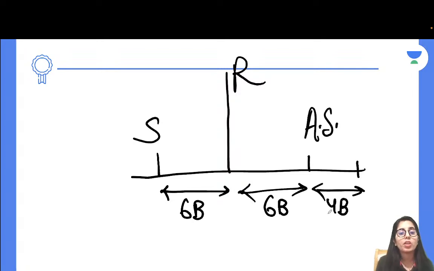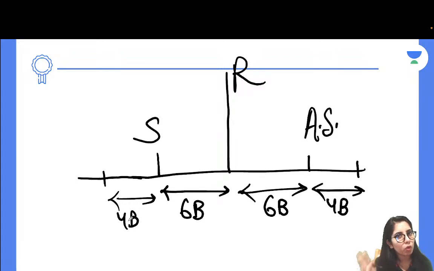This is very important to know because mostly we get the questions from this section. This is also 4B, and further you will keep on having 4B, 4B, 4B, 4B separation. But just between the Rayleigh and the first Stokes, that is 6B separation. Rayleigh and the first anti-Stokes, that is 6B separation. B is the rotational constant here.